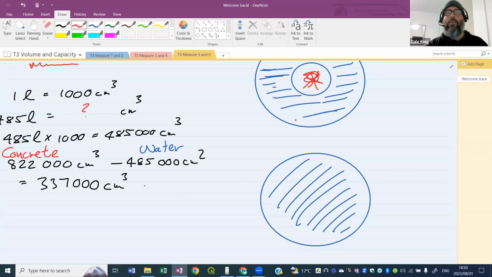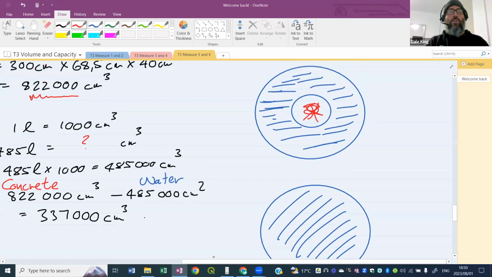So you have a whole object with a whole volume, no voids, no spaces in it. You remove the hole, and you're left with what's on the outside. It's a similar question to the cake question. So that's what they're asking here.